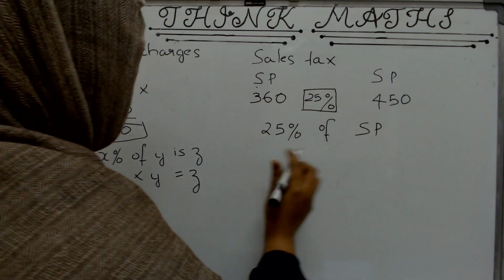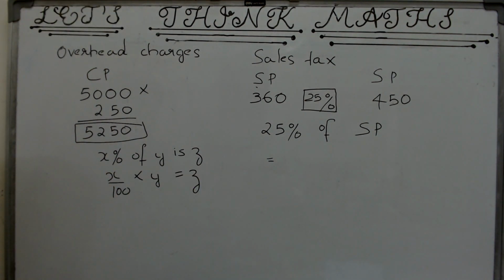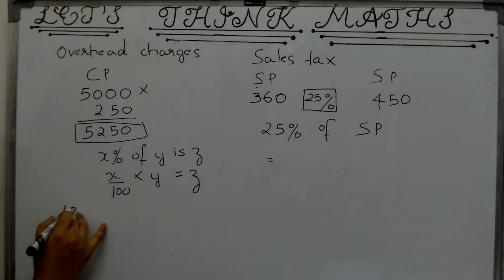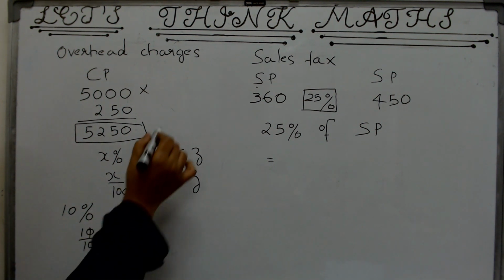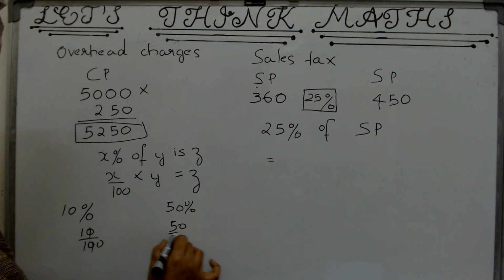25% of SP. What is that? Whenever you see 25%, all you have to do is divide this number by 4. Similarly, whenever you hear 10%, what is it? You actually have to divide the number by 10. And whenever you hear 50%, what is 50%? It is 50 by 100, or in other words, you have to find the half of a number.